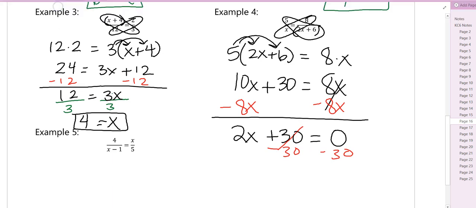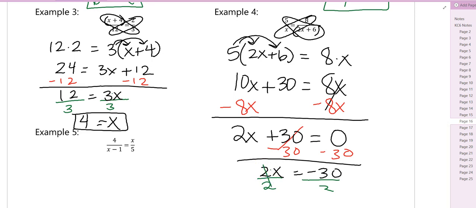So 2x is going to equal negative 30. I see that 2 times x. So the opposite of multiplication is division. So I'm going to divide by 2 on both sides, and that's going to give me x equals negative 30 divided by 2 is negative 15.